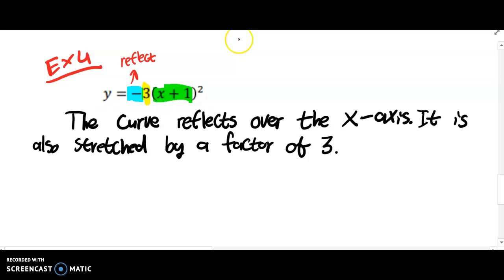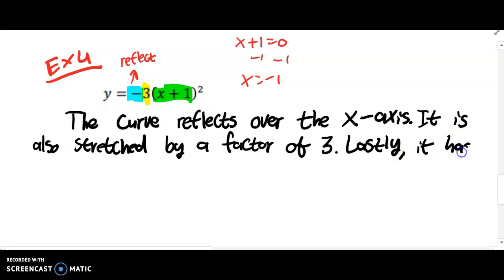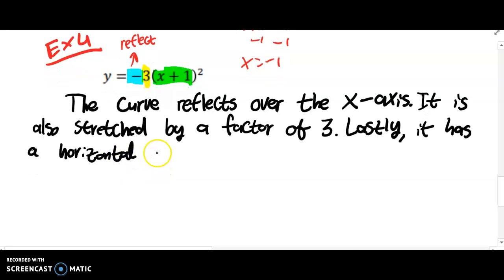We will always set that equal to 0 to determine our horizontal shift. So then we'll say, lastly, it has a horizontal shift of 1 to the left.